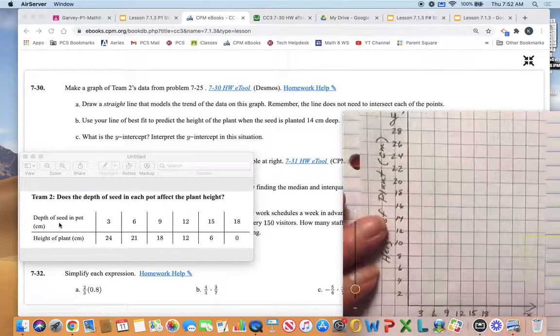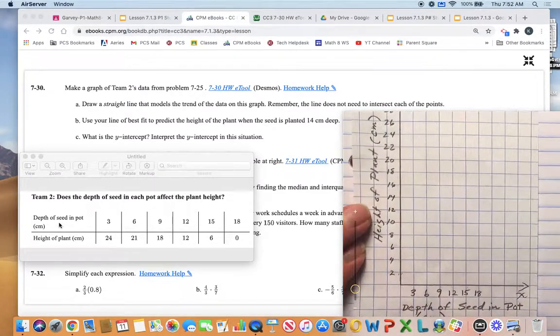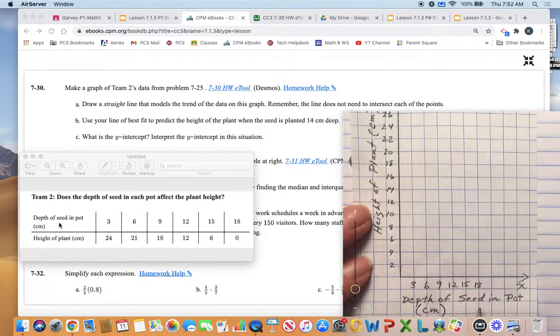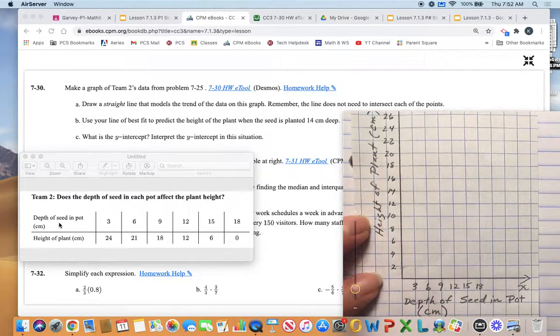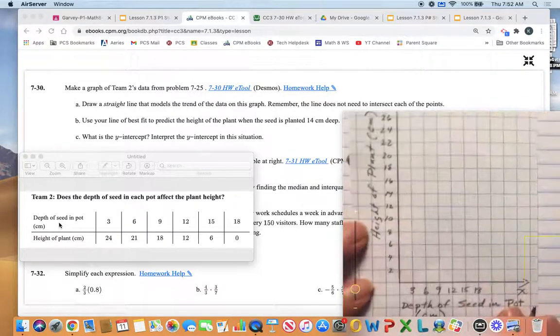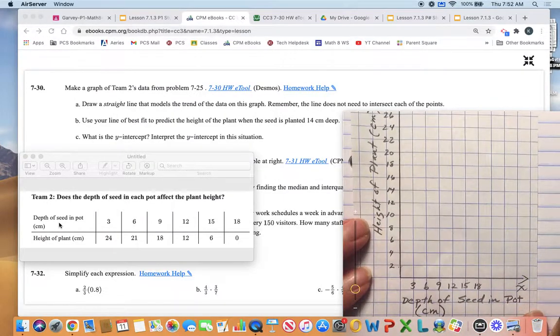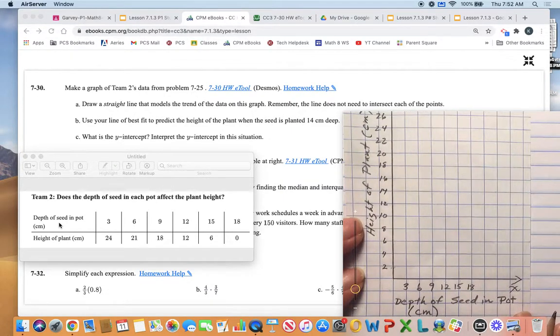All right, so once you've set up the graph the way that I have here, with the labels and the marking off the numbers here by 3 and by 2, then we can get ready to graph. Okay, so if you haven't done that, go ahead and set up your graph. You can stop this video, but if you've finished setting up your graph, let's go ahead and start plotting the data.